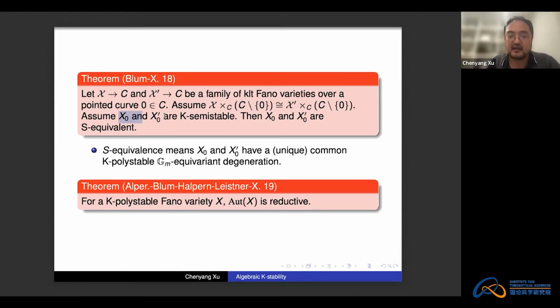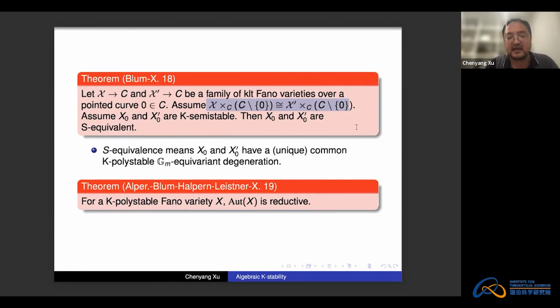And again, if your moduli is a separated Deligne-Mumford stack, then you ask yourself whether you can extend this isomorphism across this point, such that in particular X_0 and X_0 prime are also isomorphic. Again, as I said, this is not true, because we are not dealing with a Deligne-Mumford stack. We are dealing with an Artin stack.